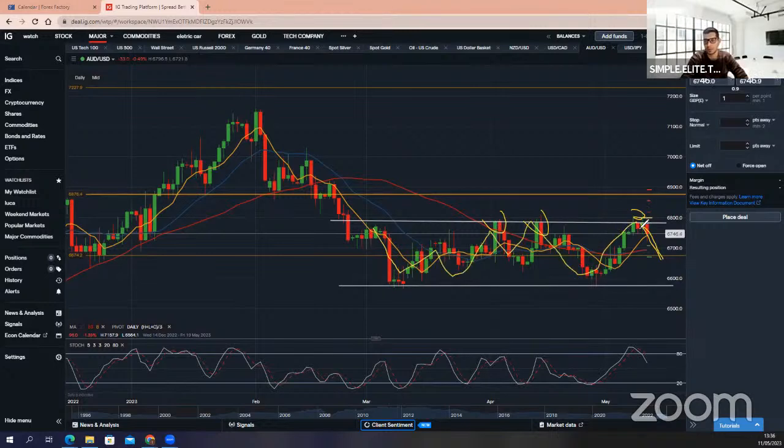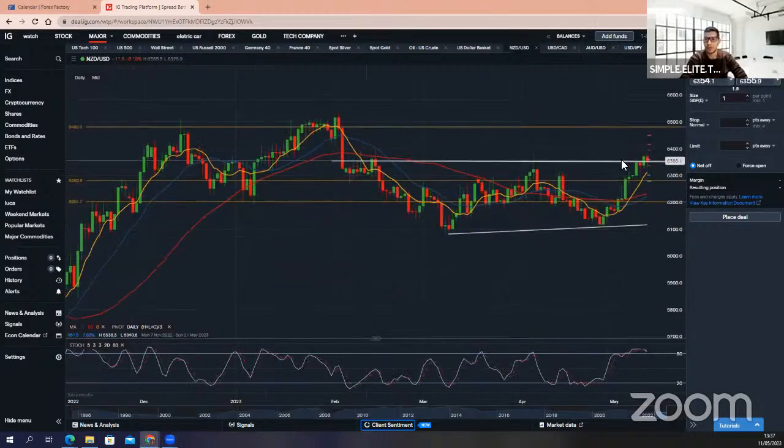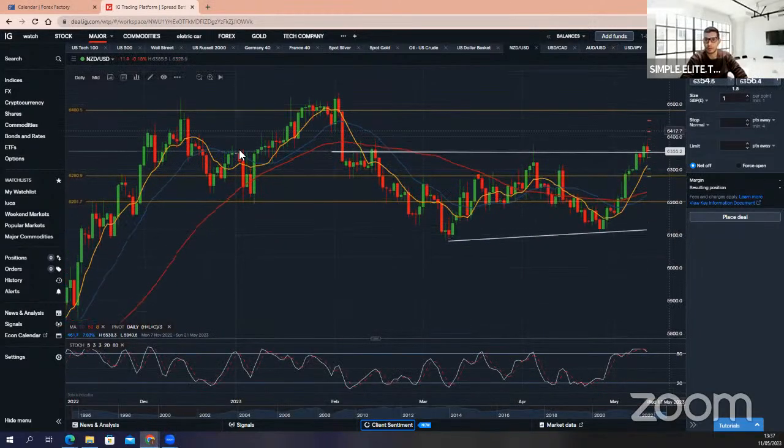Usually when it's ranging, ranging traders short here and target at least the middle of the range, but it's not top of my list. New Zealand US dollar, same thing, it is ranging, and we see some rejection on this level previously, so we could probably see some downside of the New Zealand dollar as well.